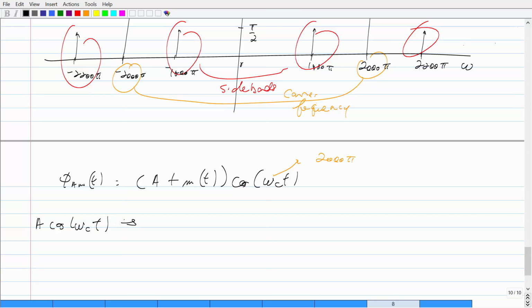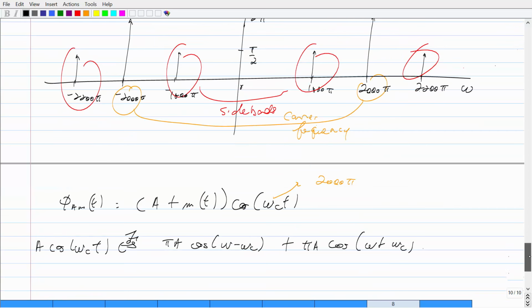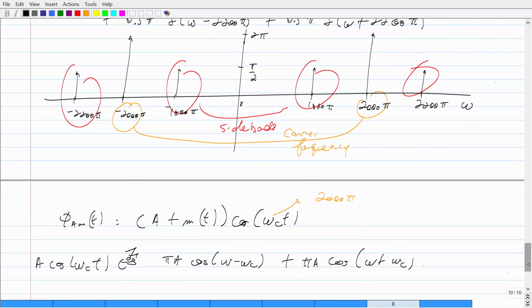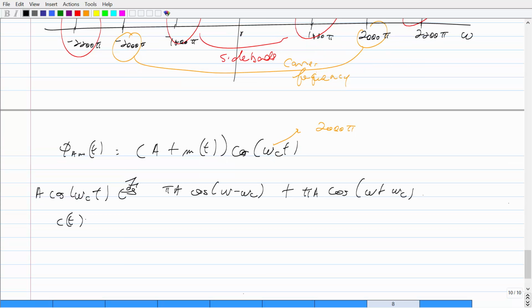The Fourier transform of this will be pi A delta(omega minus omega c) plus pi A delta(omega plus omega c). Okay, so when you have this relationship, we can clearly see that A is just going to be equal to 2. So our carrier is simply 2 cos 2000 pi t.